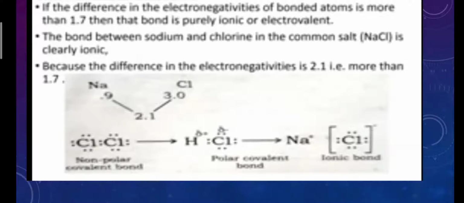So the difference in electronegativities between chlorine and sodium is 2.1, which is more than 1.7. So chlorine gains the electron of sodium and sodium loses its electron and forms ionic bond.